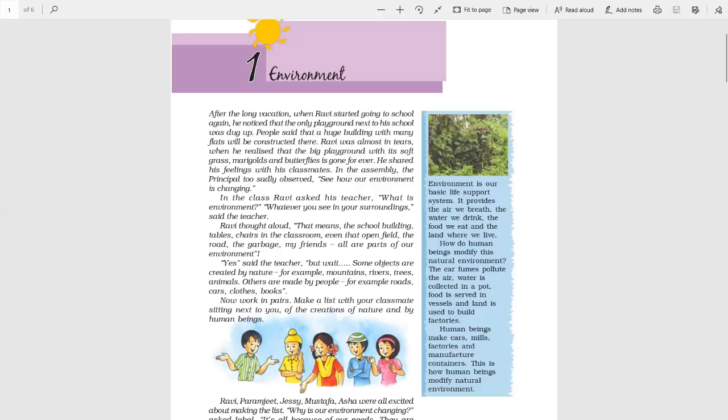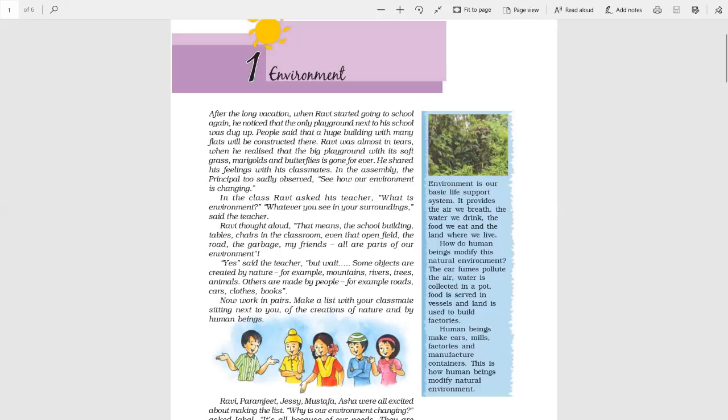Now, work in pairs. Make a list with your classmate sitting next to you of the creations of nature and by human beings." Students, I had told you to do this activity at your home also. I hope you have done that. Let's start. Ravi, Paramjit, Jesse, Mustafa, Ash were all excited about making the list.